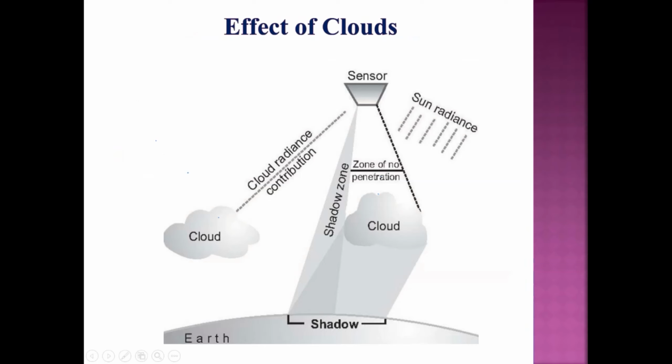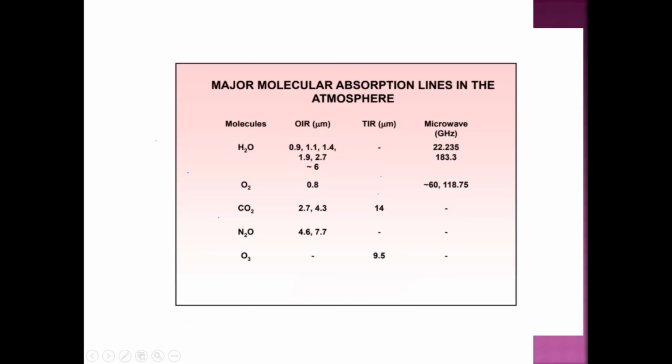For that, I have told you now that microwave sensors are used. They can penetrate clouds also. So the solution to this problem is that we can use microwave sensors, so that even in cloudy or foggy situations they can cover the surface and give us the data at that time.